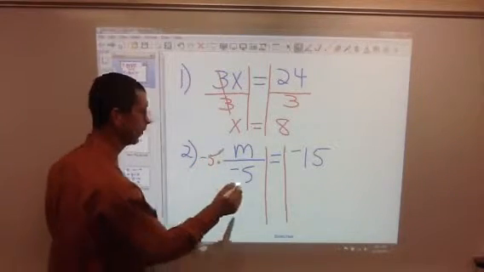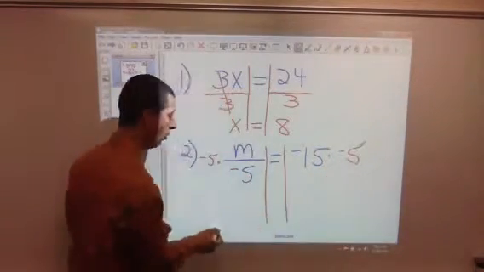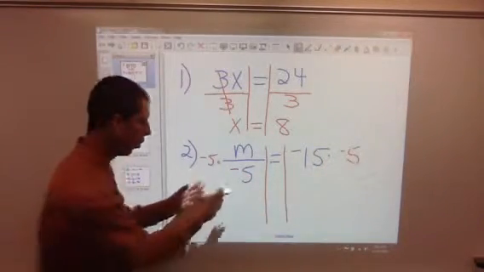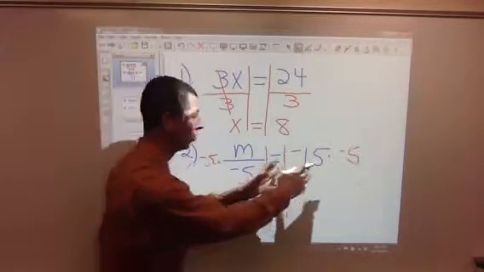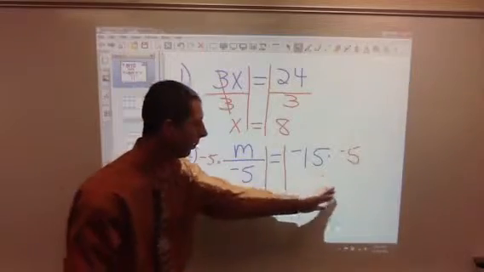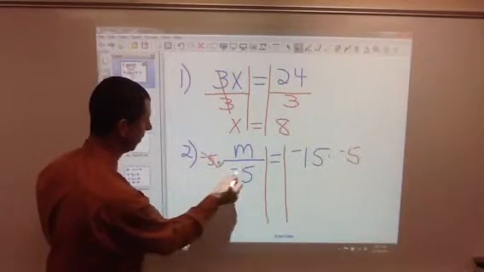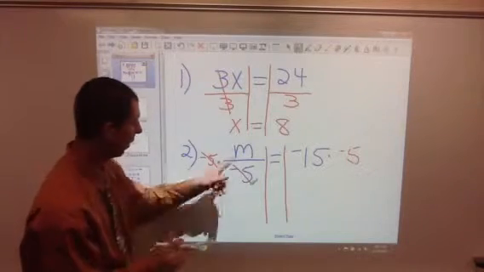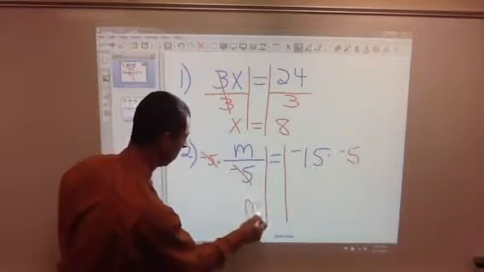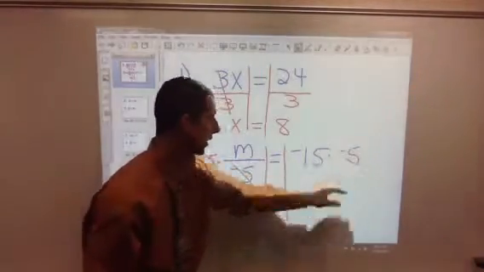Multiply by -5, and go over on this side, multiply by -5. Remember, whatever you do to one side of the equation, you have to do the exact same thing to the other side. In this case, we multiplied both sides by -5. Now these cancel. So now we're left with our variable m, and m equals -15 times -5.